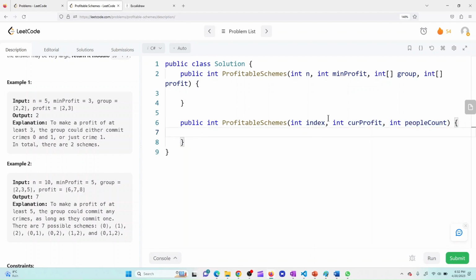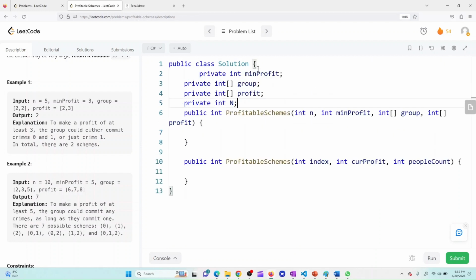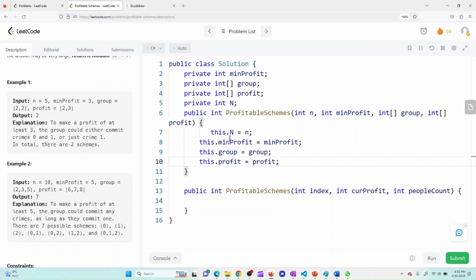We also need these parameters like group and profit, so instead of passing them directly, I am just going to create a few global variables. It will just simplify my code. So I am going to create these variables like minimum profit, group, profit, and total number of people involved, and let's initialize them with these values.